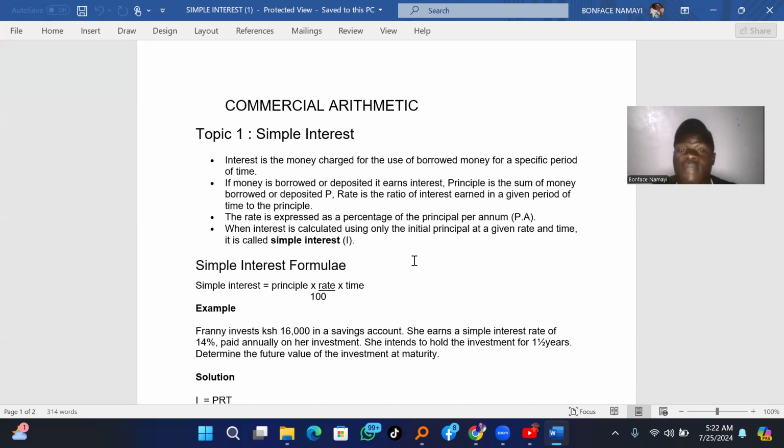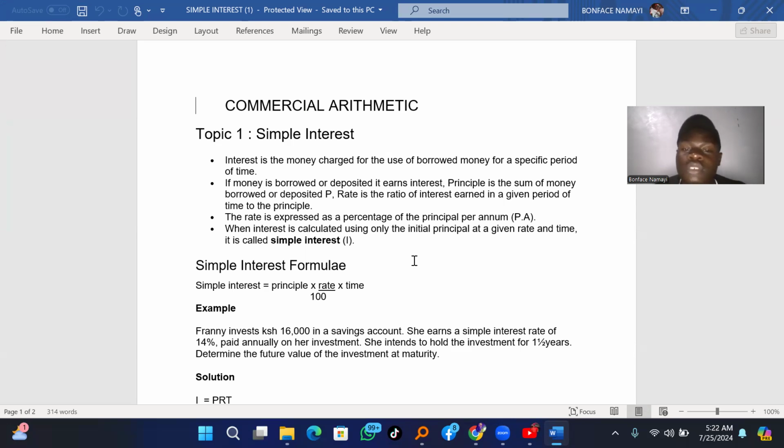Interest is the money charged for the use of borrowed money for a specific period of time. If money is borrowed or deposited, it earns interest. Principal is the sum of money borrowed or deposited. Rate is the ratio of interest earned in a given period of time to the principal.